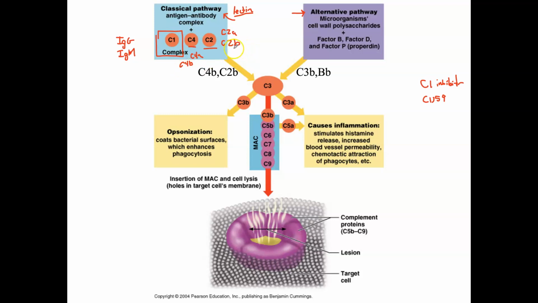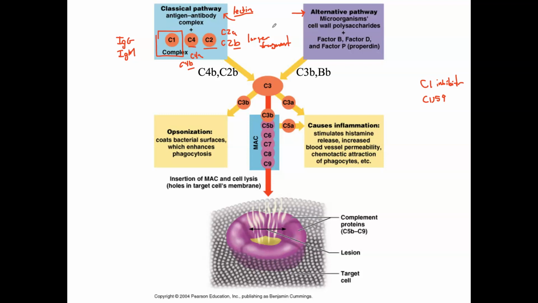The designation b represents the larger fragment. Therefore, a would be the smaller fragment. And it's typical that the larger fragment is going to interact with other proteins and go on to activate something else within the complement system.